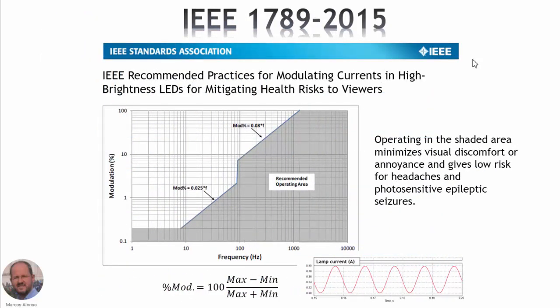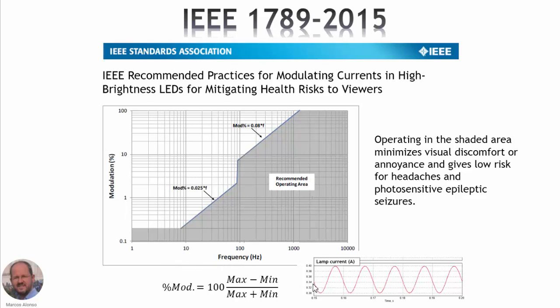Another interesting standard related to LED drivers is the IEEE 1789 of 2015, which is entitled Recommended Practices for Modulating Currents in High Brightness LEDs for Mitigating Health Risks to Viewers. So this standard regulates the value of the modulation in percentage as a function of the frequency of operation.